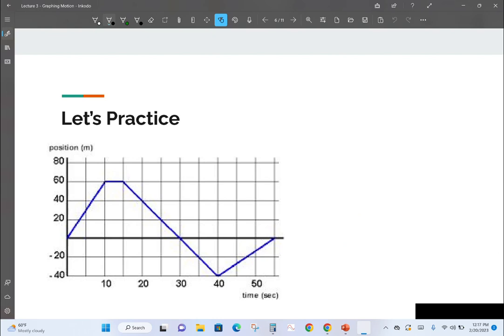So let's practice. Let's find the slope, the average speed from 0 to 10 seconds. So what we're really going to do is find the total distance, right? So it started at 0, and at 10, it went up to 60.